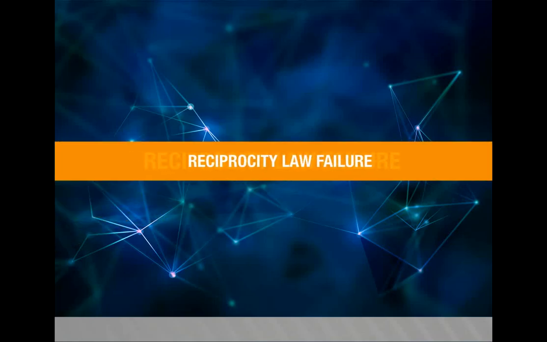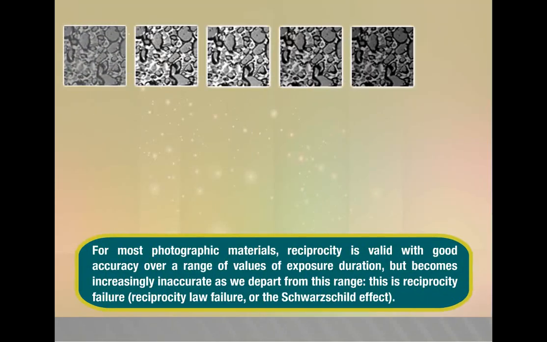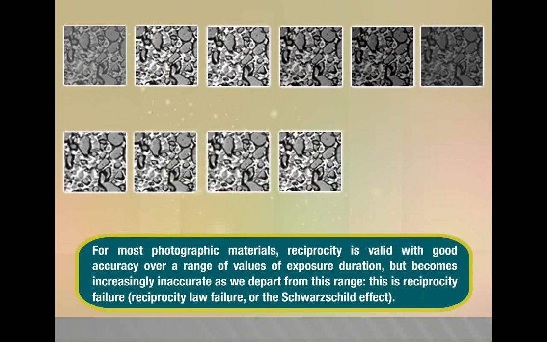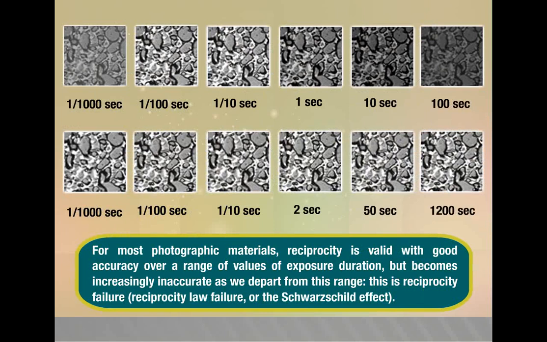Reciprocity law failure. In this video, we are going to see about reciprocity law failure. For most photographic materials, reciprocity is valid with good accuracy over a range of values of exposure duration, but becomes increasingly inaccurate as we depart from this range. This is reciprocity failure, reciprocity law failure, or the Schwarzschild effect.